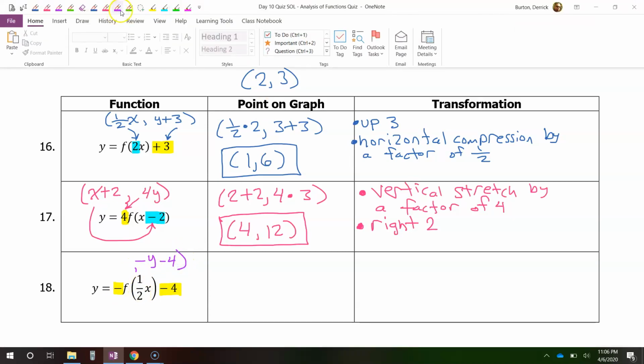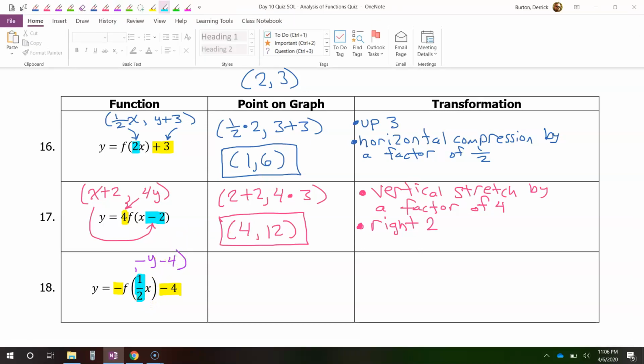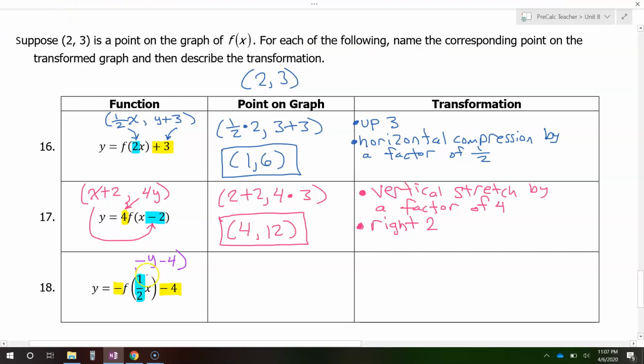Now, what's going on inside the function? This guy is happening to the x value. However, you know what? I'm supposed to be writing this down. Let's write down the 2 transformations I already mentioned. This negative sign in the front is a vertical flip.